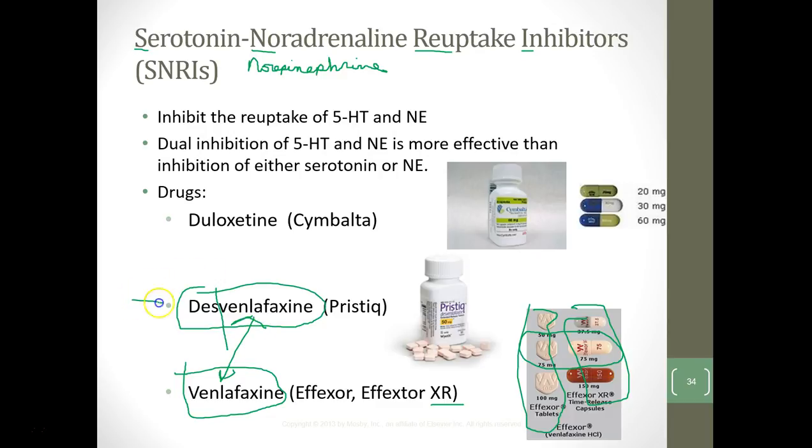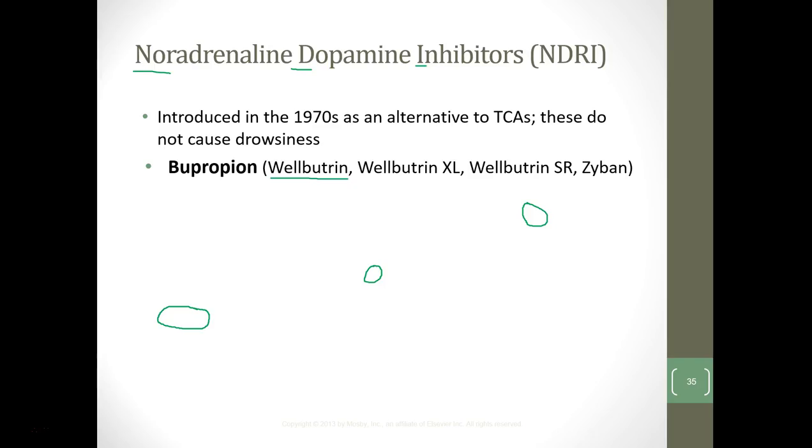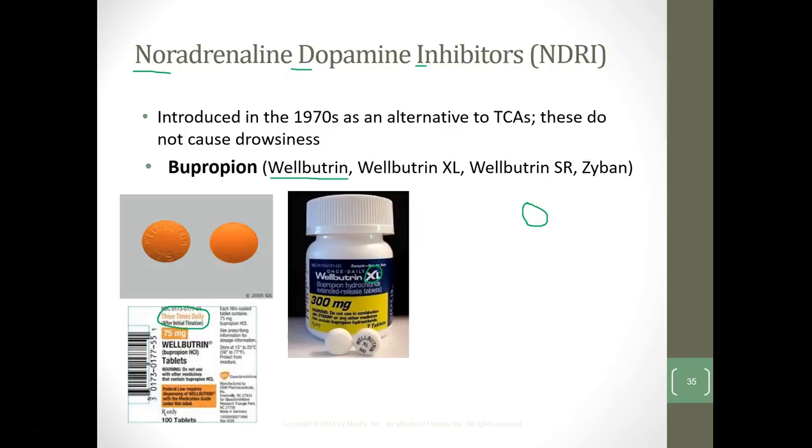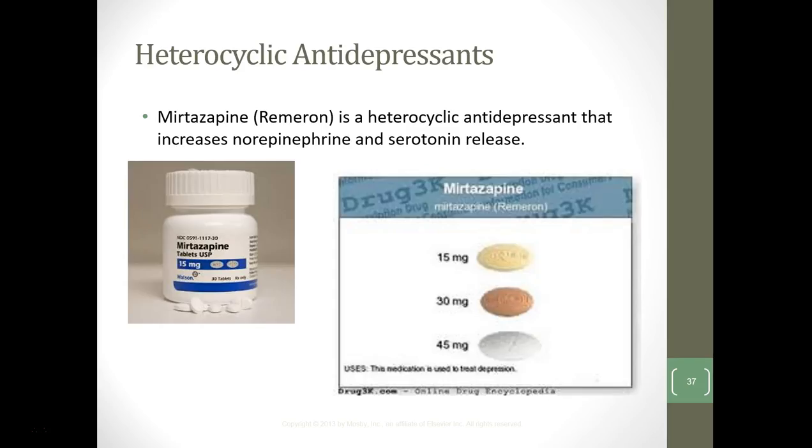So this is a newer version of the drug. It's an isomer. So again, the stoichiometry, or the way that the molecule is positioned, is a little different. So these drugs do work just a little different and may have slightly different side effects and also different indications. All right, so let's jump ahead.